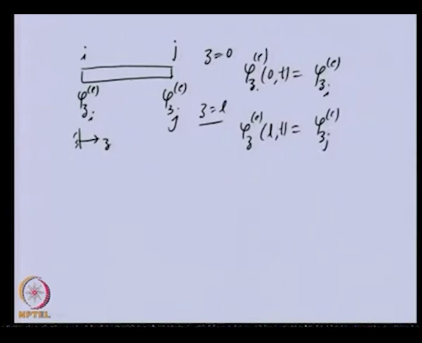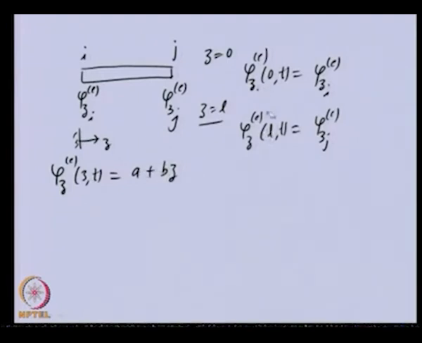Now, once we have the form of this elemental field variable in the form of a polynomial, as we have seen from the weak formulation, this is good enough, and you can see that there are two constants and we have two boundary conditions.